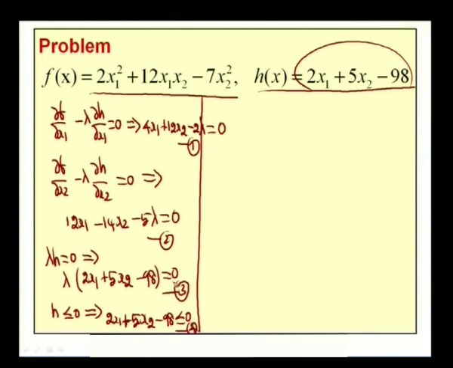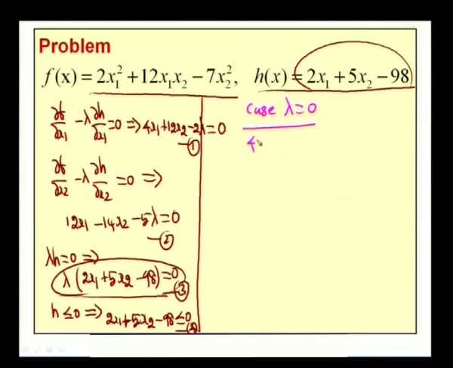Now, from equation 3, we have either lambda equal to 0 or 2x1 plus 5x2 minus 98 equal to 0. We consider the case lambda equal to 0. Suppose lambda equal to 0, then make use of this in equations 1 and 2.